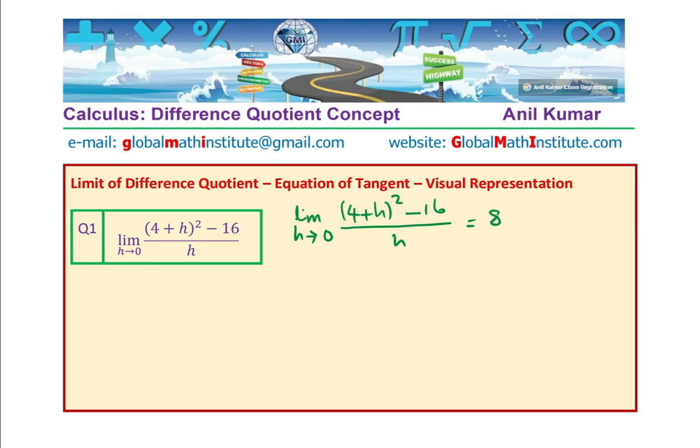And as you understand, generally the limit is related to the gradient, or slope m, and that is equal to the limit as h approaches 0 of f of a plus h minus f of a over h. That is the difference quotient, right?